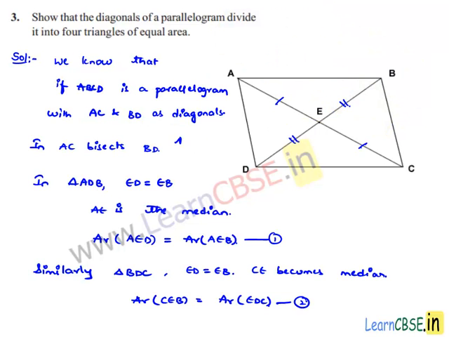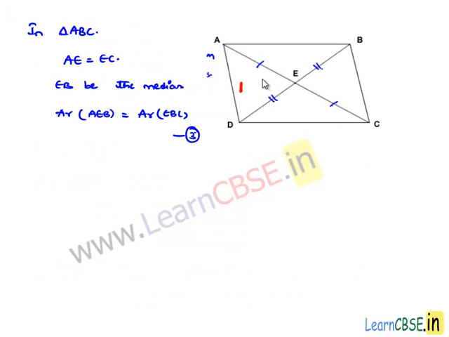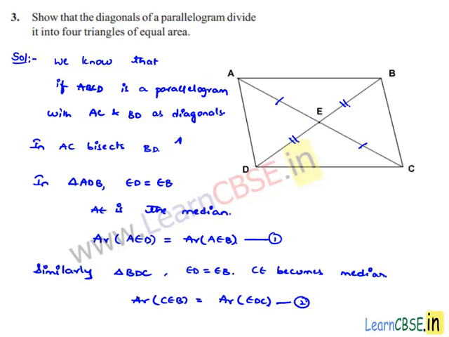Now, from equations 1, 2 and 3, area of triangle AED is equal to area of triangle AEB, and this area of AEB is equal to area of triangle EBC, and area of triangle EBC is equal to area of triangle CED, that is from 2.